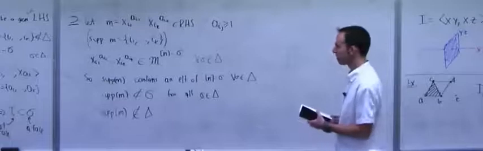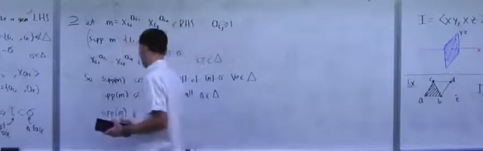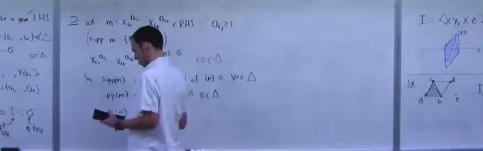If it's not a face, then it cannot be a subset of a face. Okay? So saying this is exactly equivalent to saying that the support of M is not a face of sigma. And saying that is exactly the same thing as saying that M is in I sub delta.